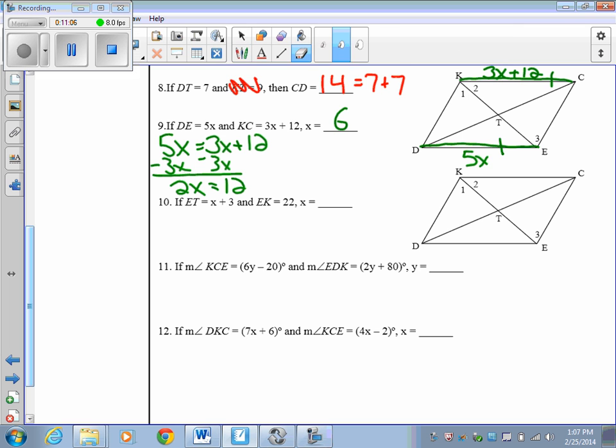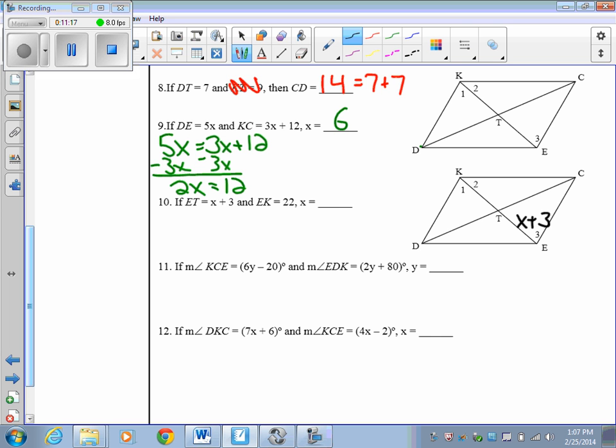Number 10 says ET is equal to x plus 3, and EK is equal to 22. So that whole thing here is 22. Let me make that a little clearer. If ET is x plus 3, that means KT has to be x plus 3.